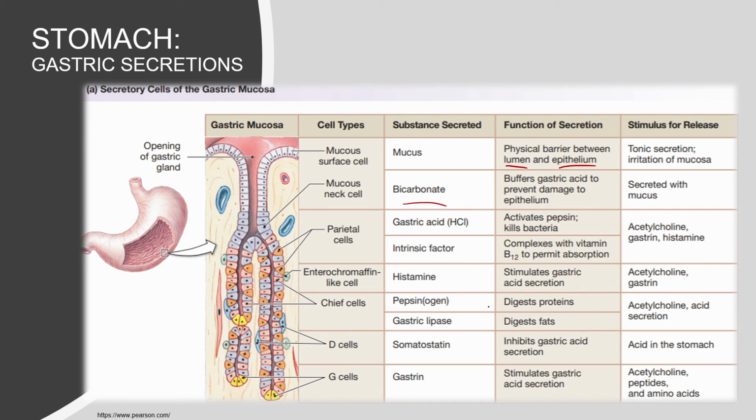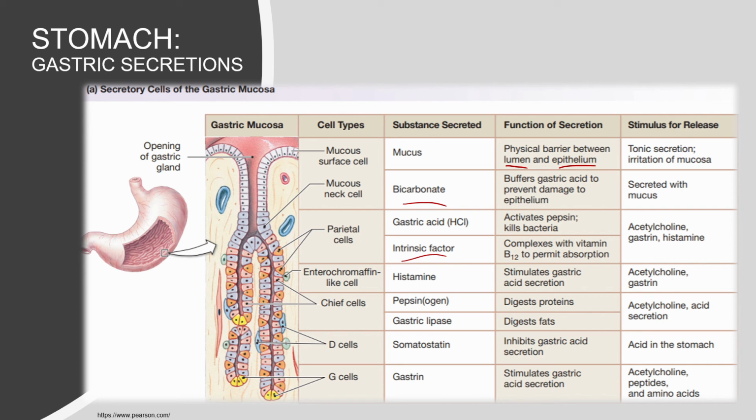Pepsin: we actually have pepsinogen, and then it is activated by HCl to pepsin, and pepsin digests proteins, and it is very important. If we do not have well digested proteins in our duodenum, in our chyme, it can inhibit the emptying of the stomach, as we've talked before. Then we have intrinsic factor. Intrinsic factor is very important for vitamin B12 to be absorbed.